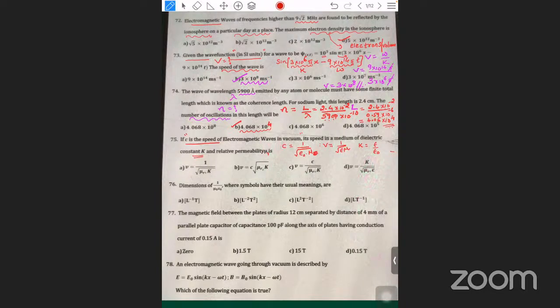Isn't it? So V is equal to 1 divided by root. What is epsilon from this? Epsilon is k times epsilon naught. Similarly, what is mu? K times mu naught. So this will become what?